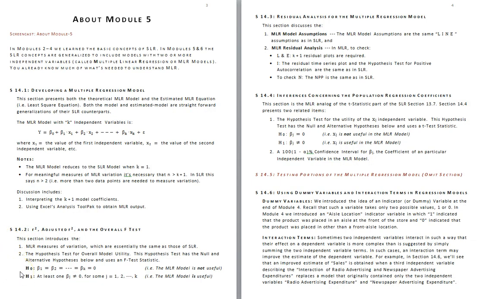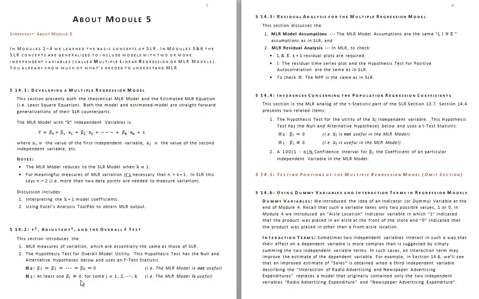There's a hypothesis test for the overall usefulness of the model. The null hypothesis says all of the slopes are equal to 0. That is, whatever x value is plugged in will be multiplied by 0, and the multiple linear regression model is not useful. The alternative hypothesis says at least one of the slopes is different from 0.